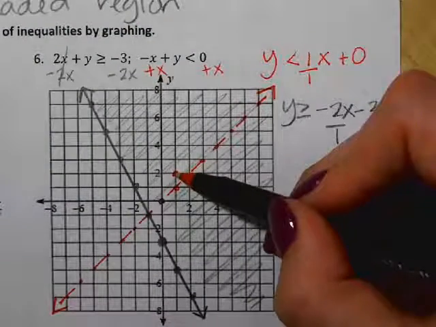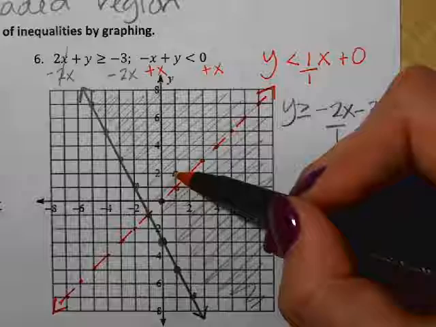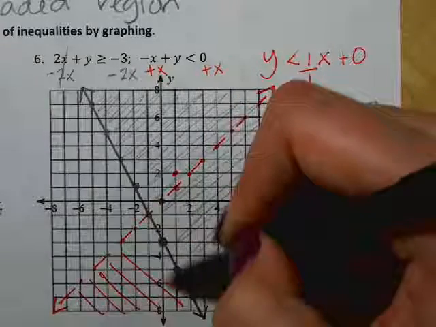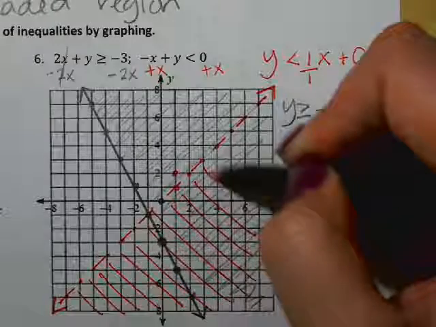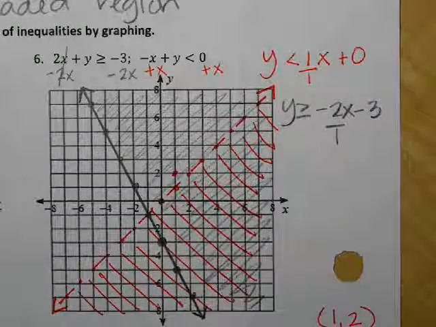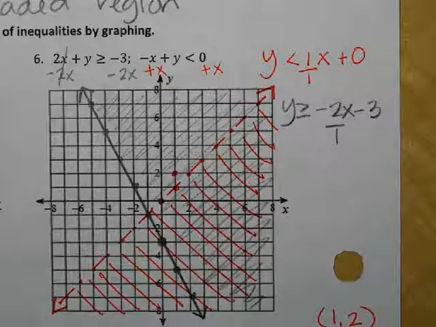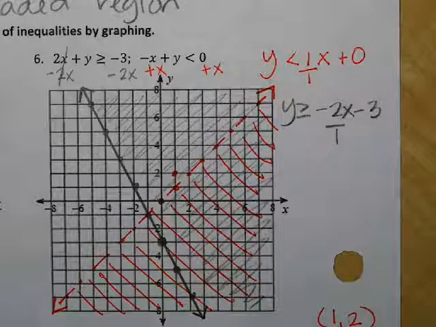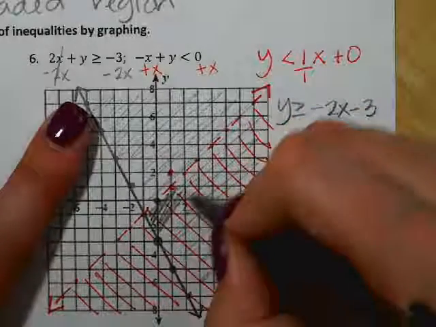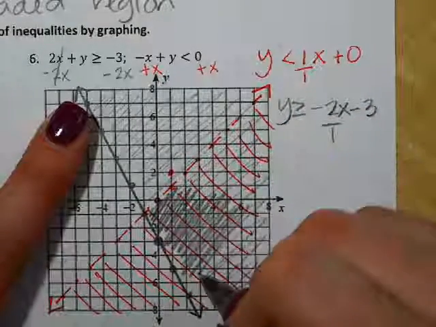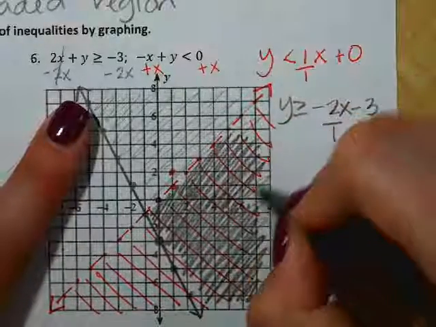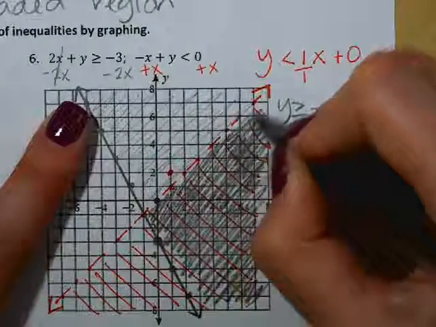So this point right here, it's above the line, that's a false statement, so that means that I need to shade on the other side of the line, which is over here. It was false. And now I can go ahead and do my double shade. So there's my solution to the system of inequalities.